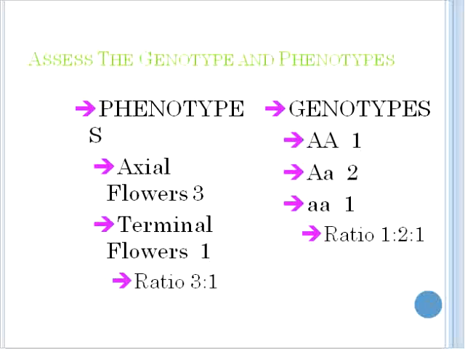In both cases, the phenotypic ratio is 3 to 1 axial to terminal, and 1 to 2 to 1 for the genotypic ratio: 1 homozygous dominant, 2 heterozygous, 1 homozygous recessive.